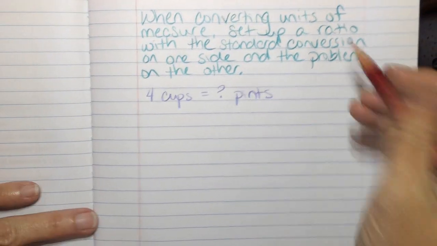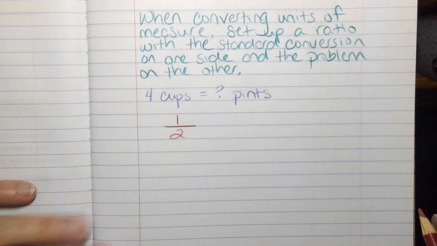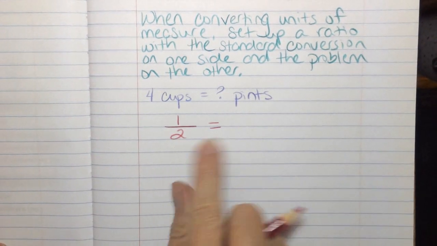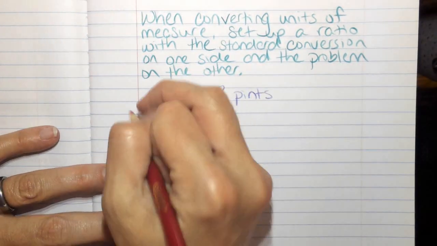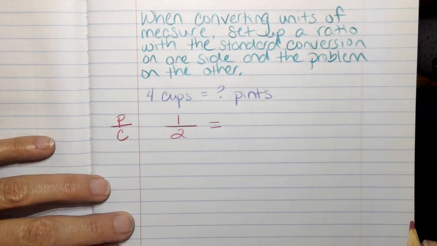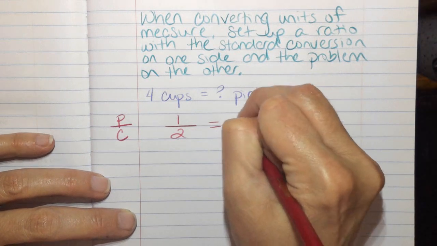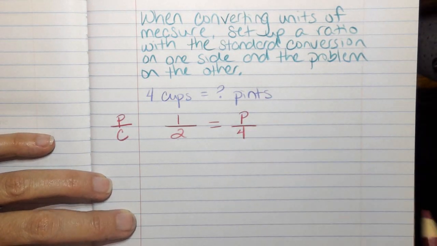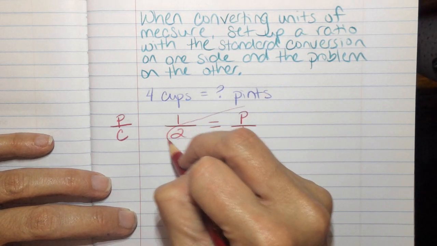It is really important that I put everything in the same order, so I make a little note for myself that I've done pints over cups. 1 pint, 2 cups. I'm looking for a question mark pint, so I'll use P for pint, and I have 4 cups. Now I can set up my butterfly.